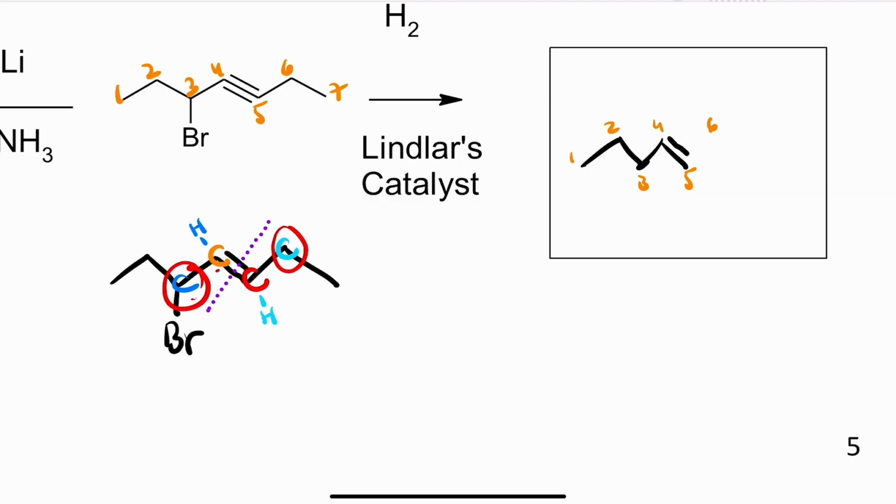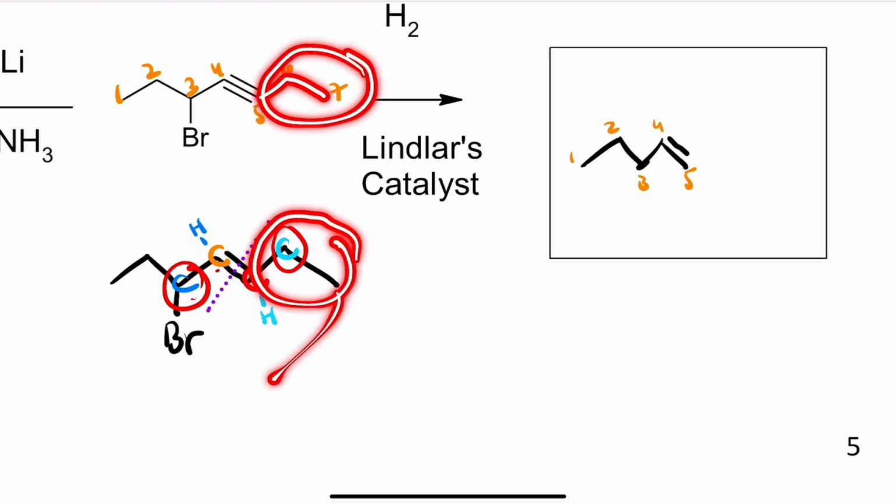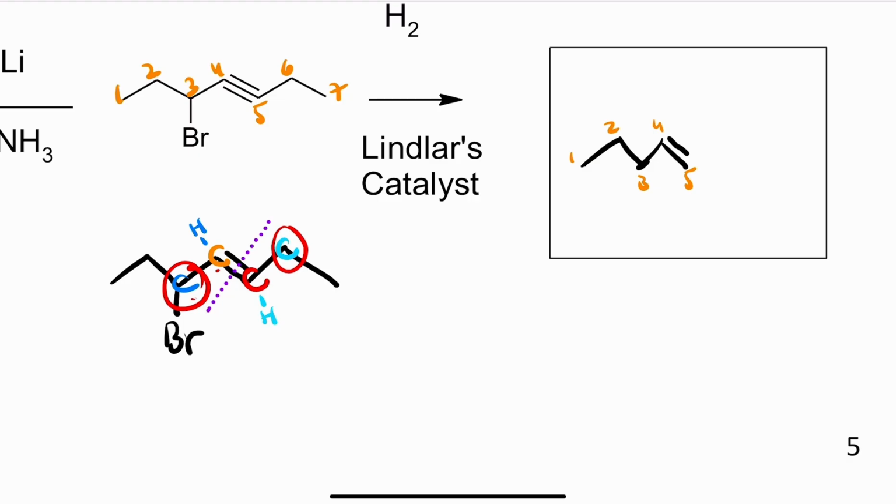That means let me move this whole portion, 6, 7, down. So 1, 2, 3, 4, 5, 6, and then 7.